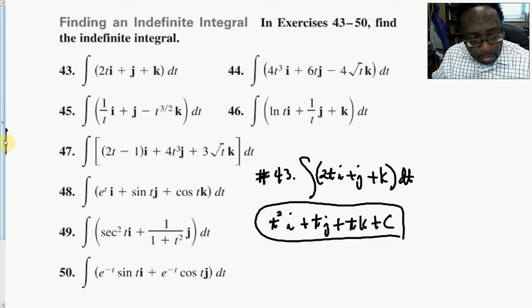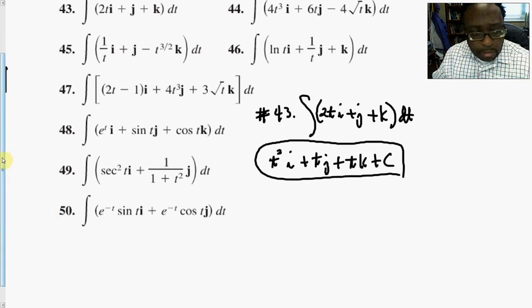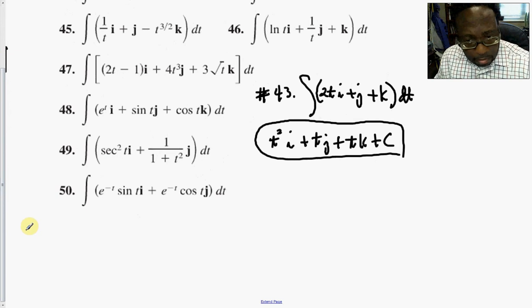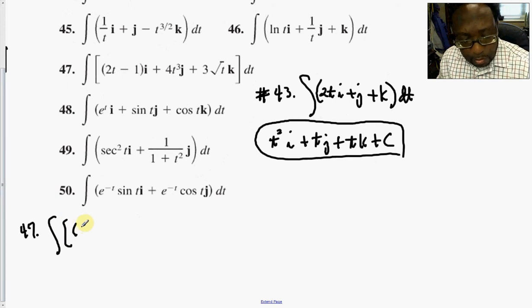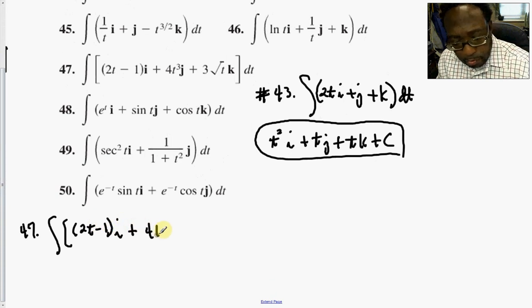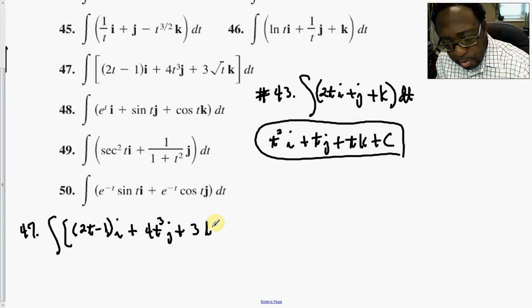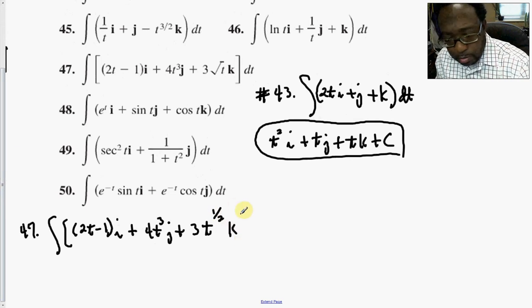47. So the integral, the first term, (2t minus 1) i plus 4t cubed j plus 3 times t to the 1/2 power k dt.